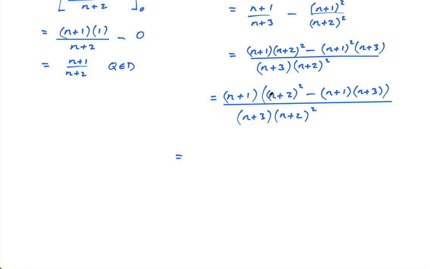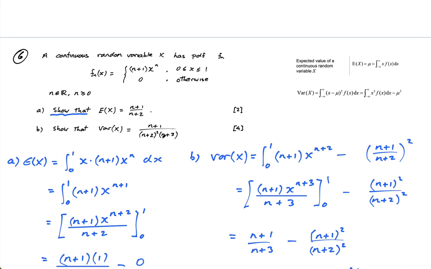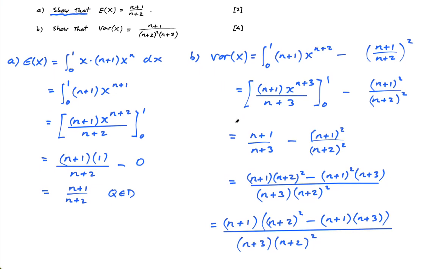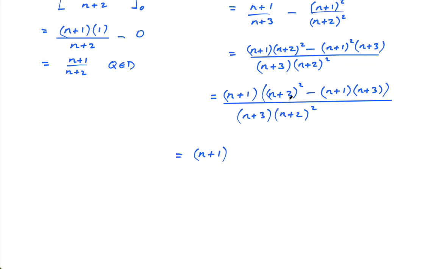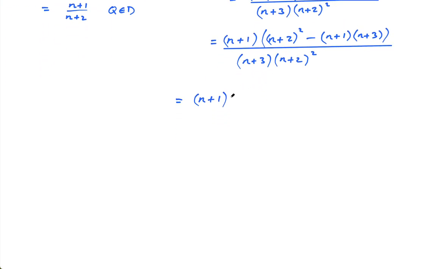So n plus 1 times, so hang on, the numerator I'm looking for is n plus 1. So hopefully this will just turn into 1. So open the bracket. I have n squared plus 4n plus 4 minus n squared plus 3n plus 1n, which is 4n, plus 3.